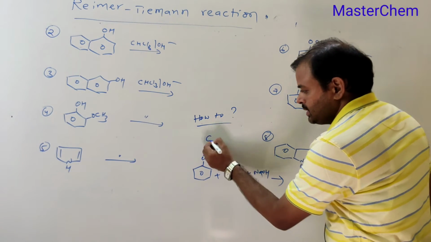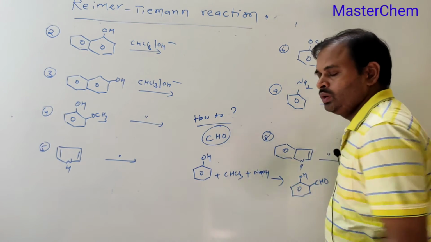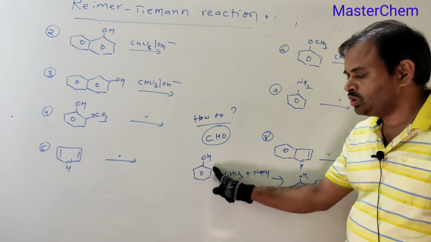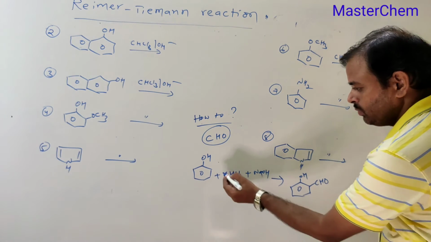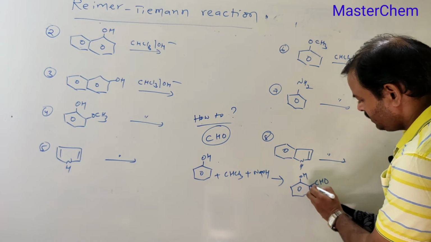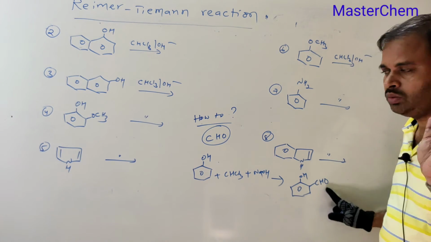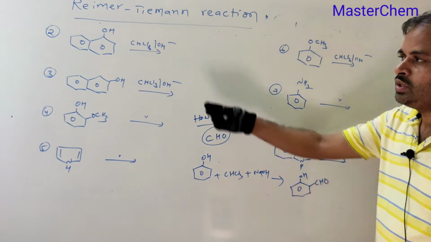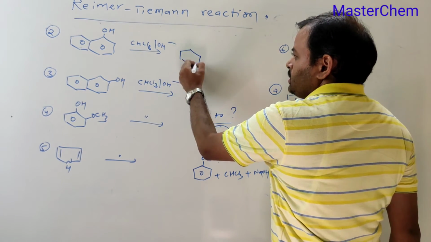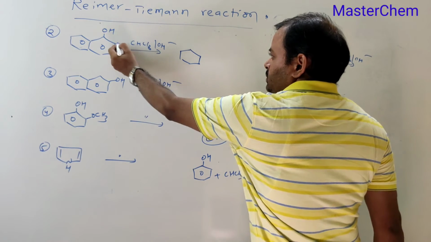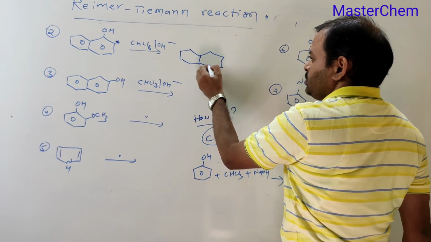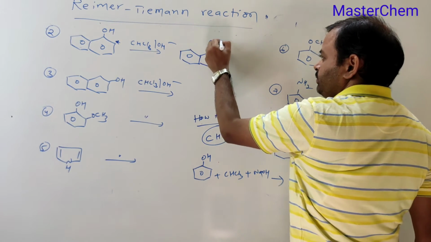Just place the CHO group at the ortho position, the ortho position to the phenol group. What is the ortho position? Here, this is the ortho position. Just place CHO at the ortho position. Like that, some more examples. Since the OH group is here, this is the ortho position, so just place the CHO group at the ortho position.